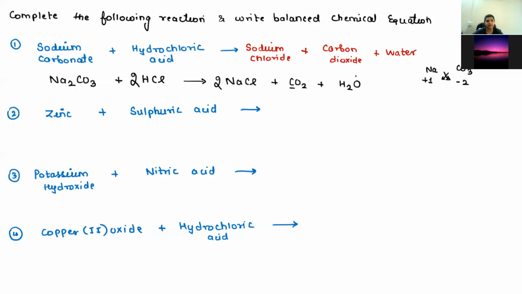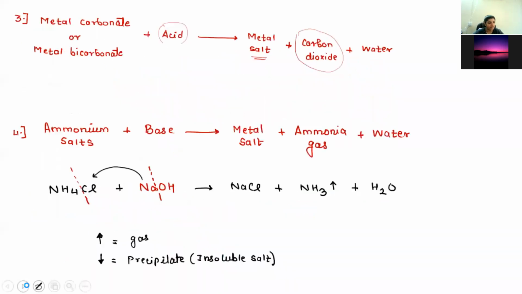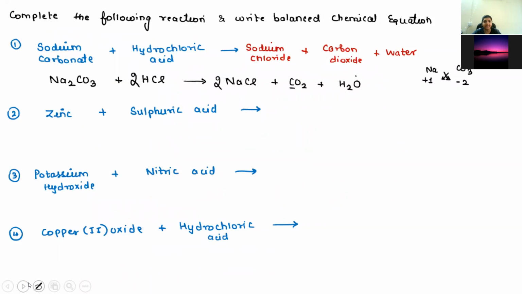If it is sulfuric acid, you'll get metal sulfate. So which metal is over here? Zinc plus sulfuric acid, you are going to get zinc sulfate.